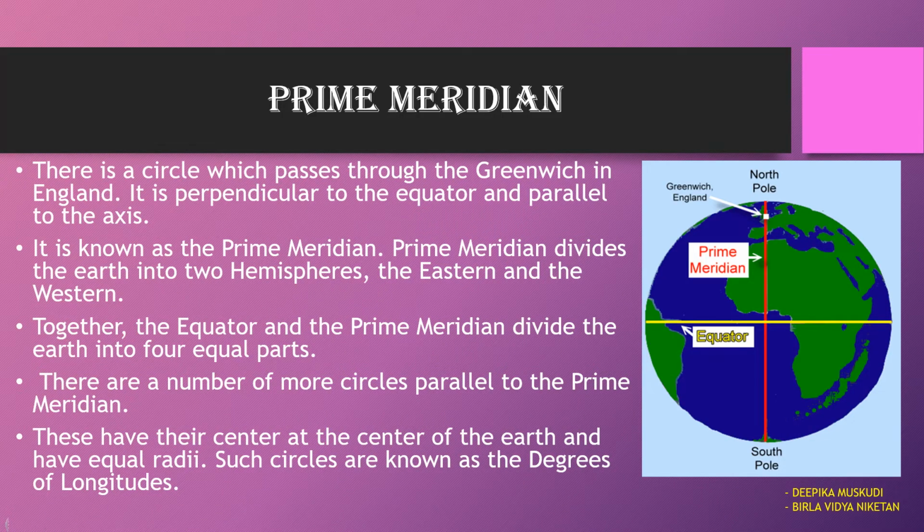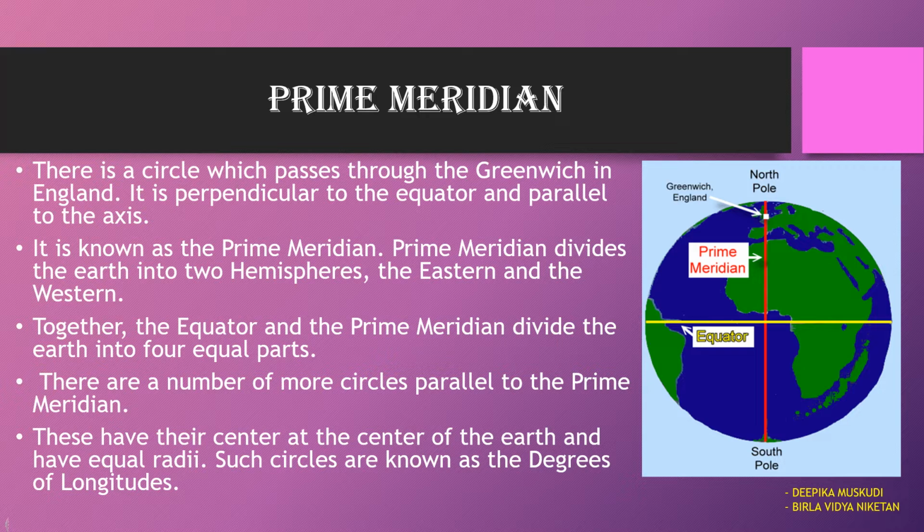The reference point in this is the plane created by a meridian going through Greenwich in England. It is perpendicular to the equator and parallel to the axis. This line is also known as the prime meridian, and the distances between meridians are measured in degrees of longitude.